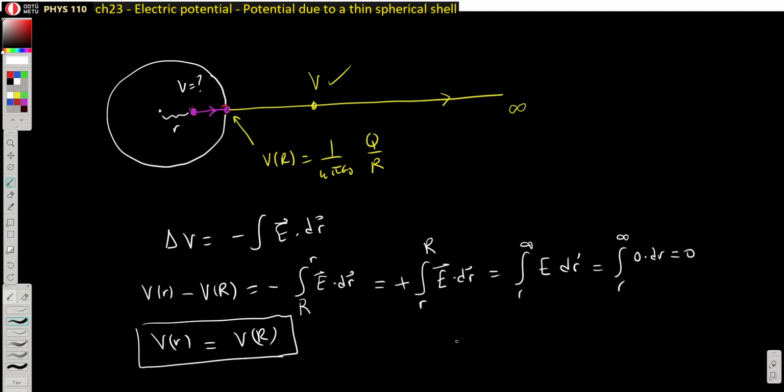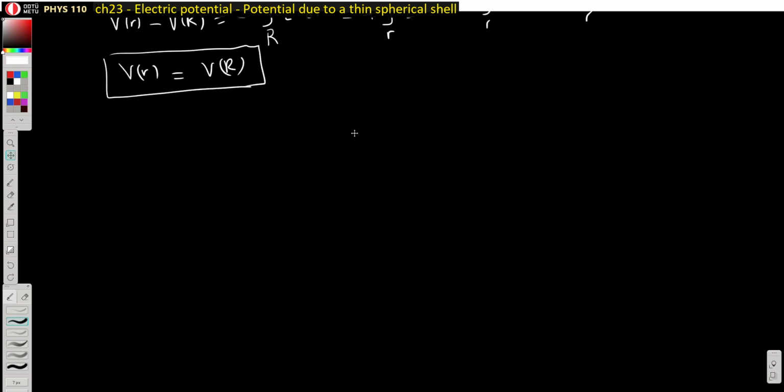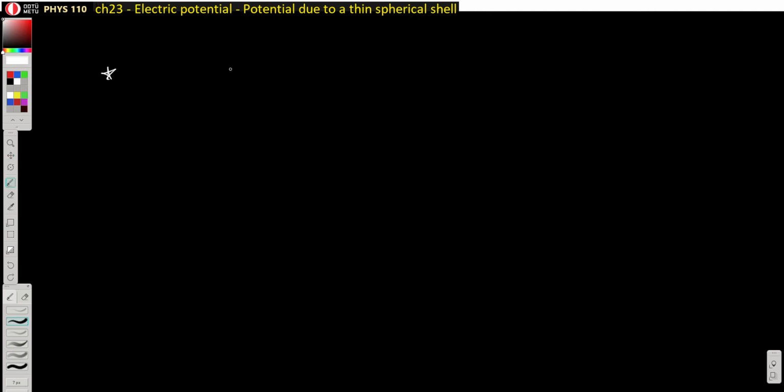All right, so if it's in a region though, we can easily say this. Another way of thinking about it is something like this. We usually describe the thin spherical shell as some kind of an abstract charge distribution, but if I have a metal sphere, a conductor, and I add a charge to that metal sphere, no matter how I add it, I know that in static equilibrium, all of this charge will be distributed uniformly over the surface, because that's the only distribution that will produce 0 electric field inside.